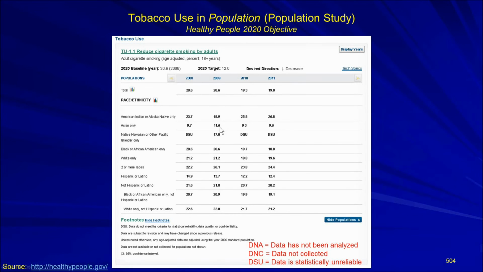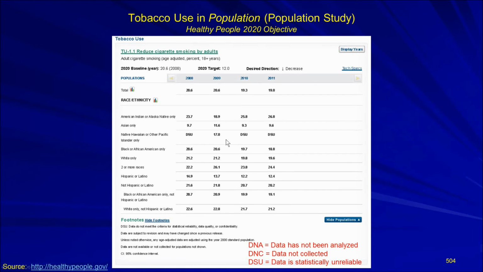Looks like there was a little spike, and this is probably an anomaly. I would have a question about why we got a higher value in 2009 than in any of the other years. The data is marked as statistically unreliable, and that's why they didn't include it.